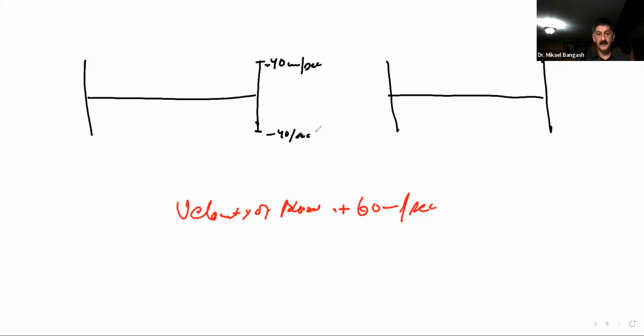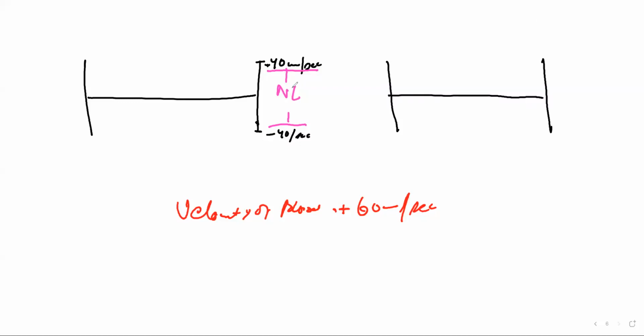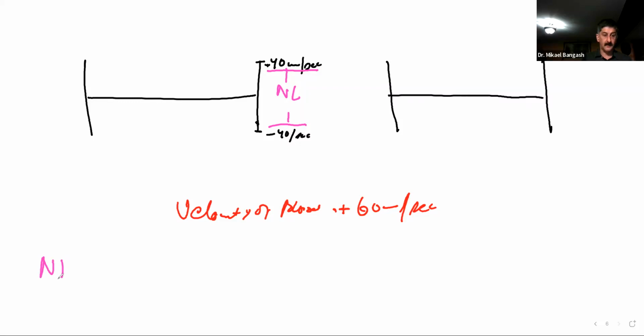And what did we say this was? This one here is our Nyquist limit, right? So what can you say now? The Nyquist limit in this case is lesser than the velocity of blood, right?